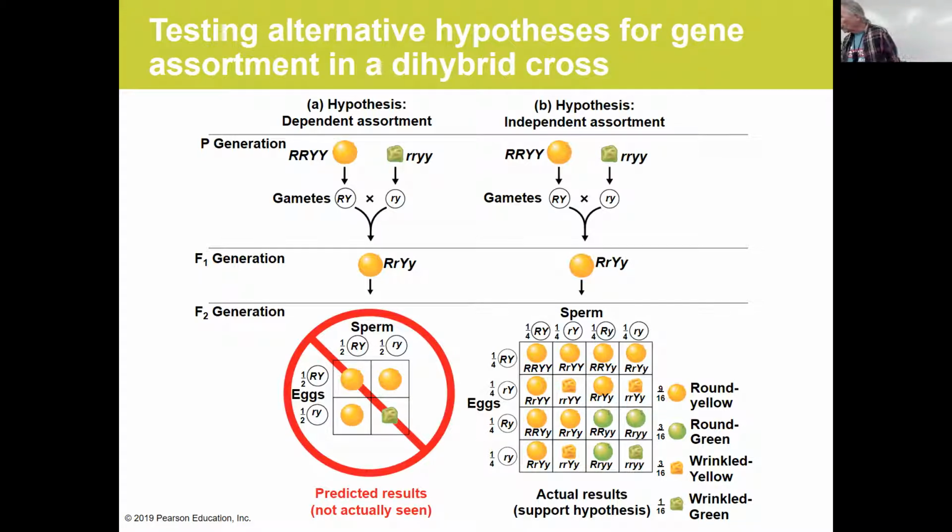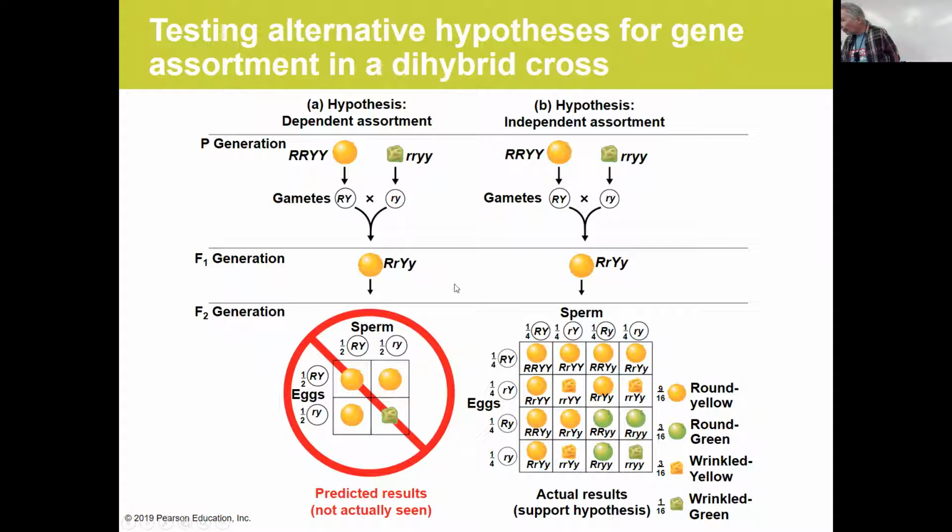And then you've got to select the gamete combinations. This is the extra step in a dihybrid cross, because now you put 2 letters in the gametes, not just one from each locus. So it's got to be an R in there, and it's got to be a Y in there. Now, if it's dependent assortment, and a big R and a big Y always go together, then there are only 2 types of gametes that can be made: big R, big Y, and small r, small y.